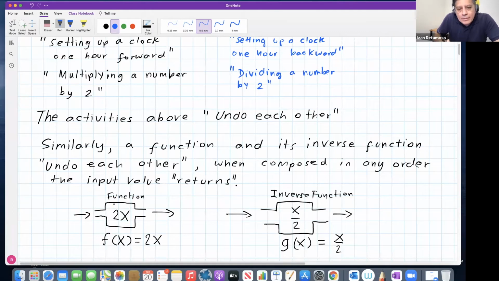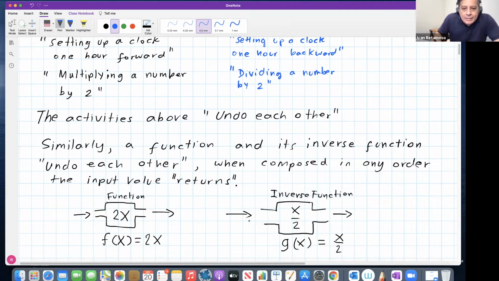And when you represent a function, very often you use this machine idea for the function, right? Let's take, for example, the last example and formally represent multiplying a number by 2 by this function, f of x equals 2 times x. And if you consider this as a machine, 2x should go here, right?